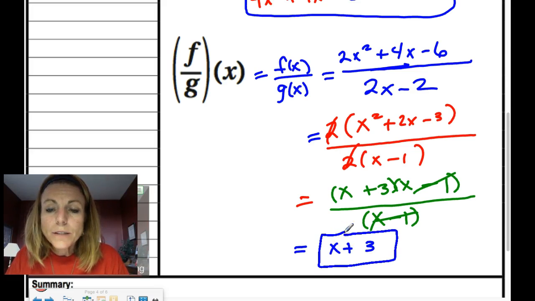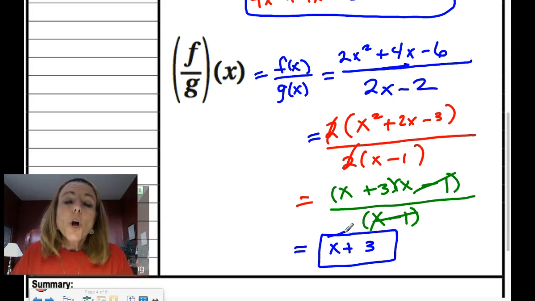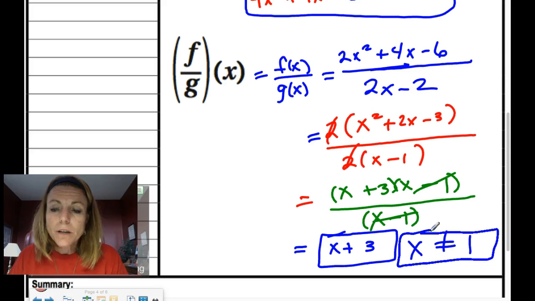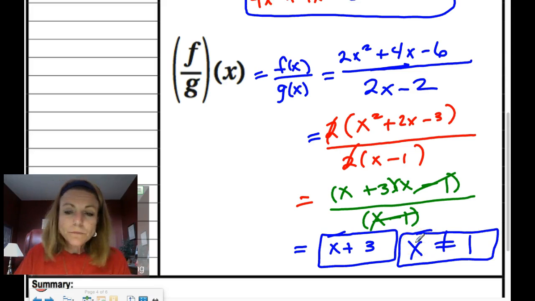Even though you cross that off, remember before, you look at the step where you cross things off, so you have to state that x cannot equal 1. That is also part of the answer.